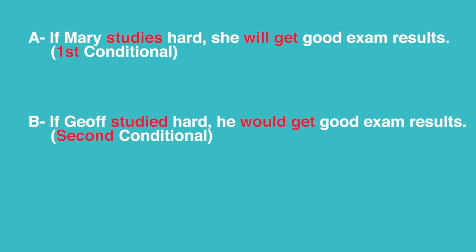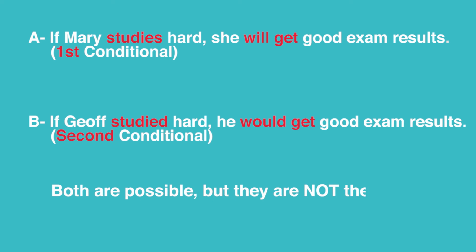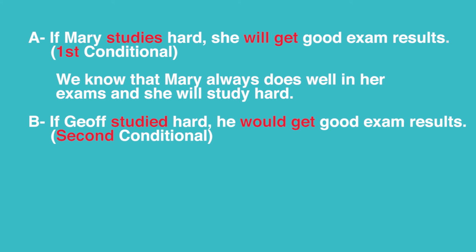Well, I think I gave you the clue in the intonation. Yes, both are possible, but they don't mean the same. A means that we know Mary always does well in her exams and she always studies hard, so it's a real situation to believe that she will pass these exams as well.